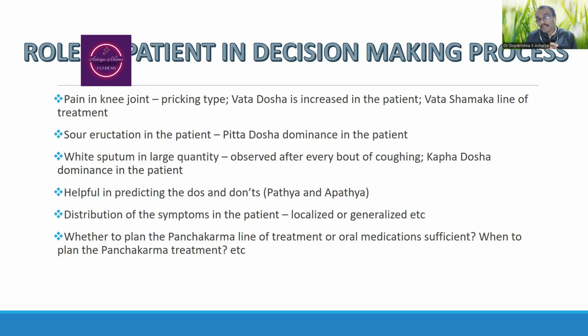Suppose the person has a large amount of white sputum observed after every bout of coughing, which is indicative of kapha dosha vitiation to the maximum extent. That means we have to give the line of treatment for kapha dosha prakopa, maybe ushna, or maybe laghu, etc.